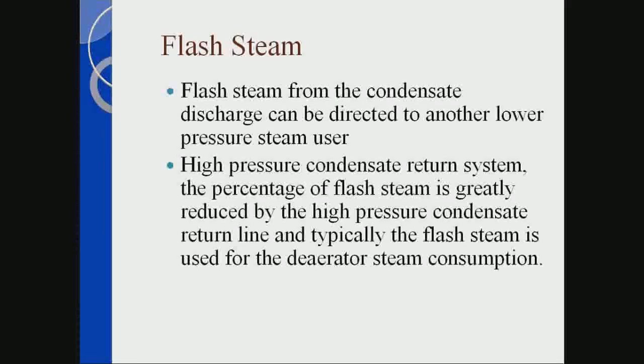Therefore, in plants where we go to high-pressure return systems, we reduce the amount of flash and elevate the sensible energy in the condensate. With this type of operation, we typically do not go back to the deaerator; we go back to a high-pressure receiver and are directed back into the boiler. Remember one thing: if you do not allow the condensate to be exposed to the atmosphere, you do not have to go through the deaeration process.